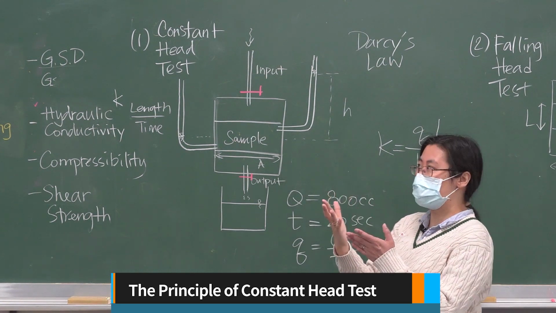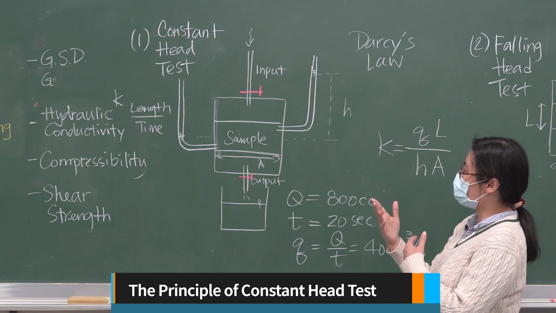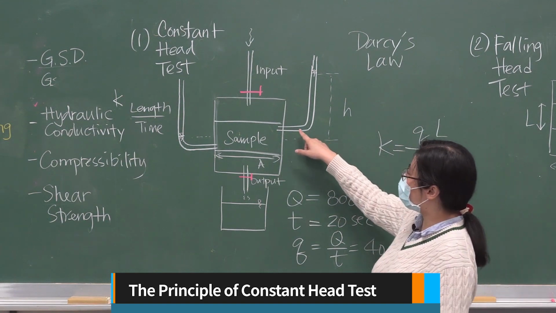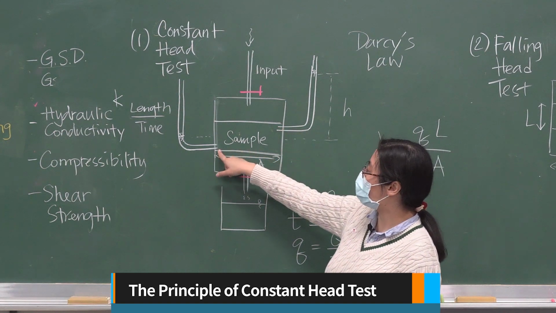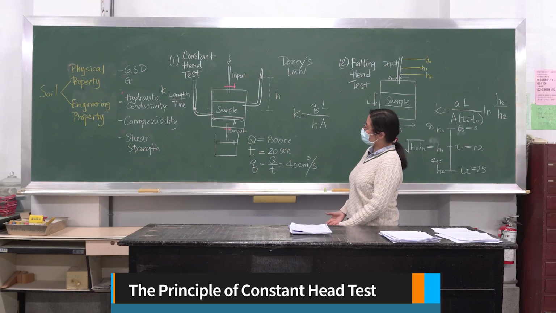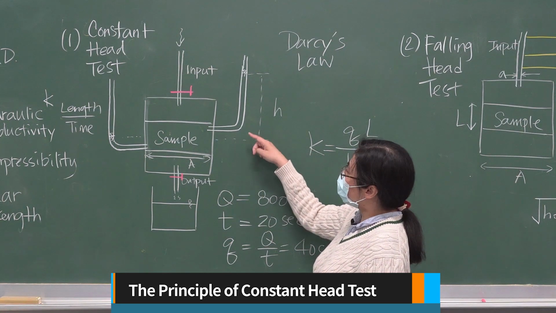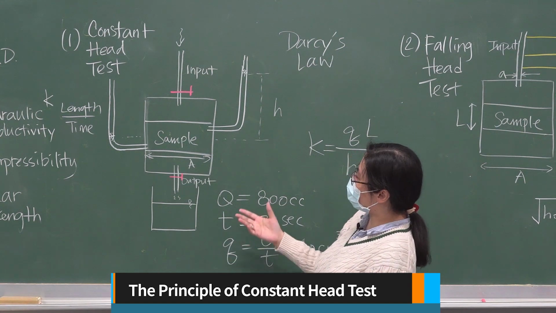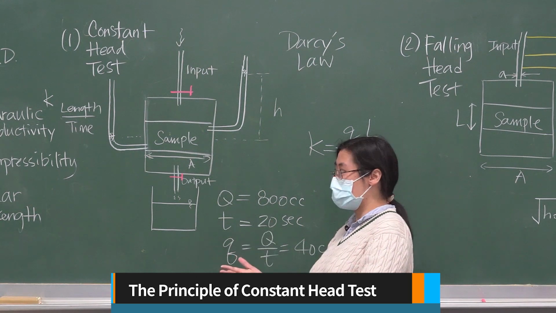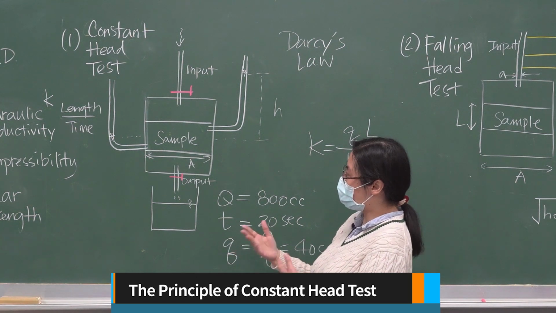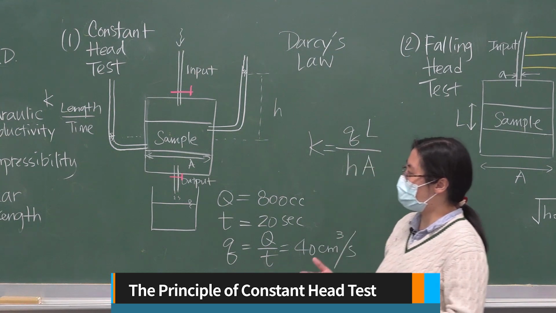If you go to the lab and look at the setup, there will be a manometer or piezometer installed near the top and also near the bottom of the sample. The manometer or the piezometer lets you know the head at those locations. As you learned in your soil mechanics class, water will flow from a location with higher head or higher energy to a location with lower energy.